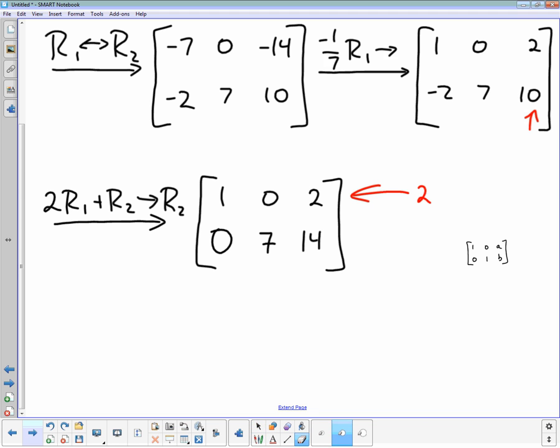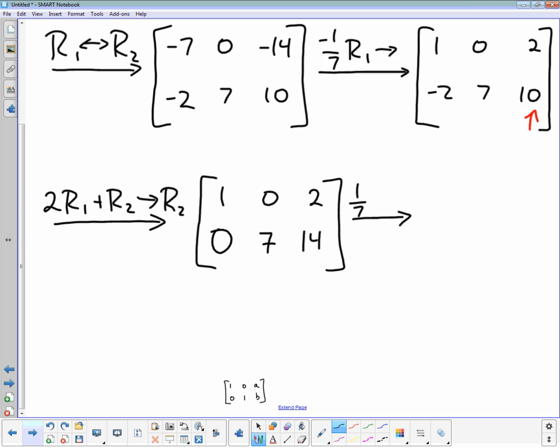Hold on. Now what am I going to do? Multiply row 2 by 1/7. And what do I do with row 2 now that I've multiplied it by 1/7? Where does it go?